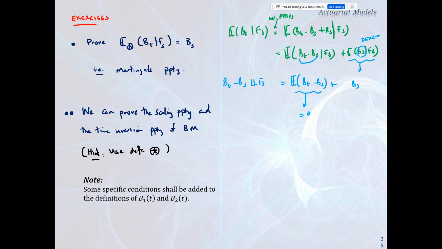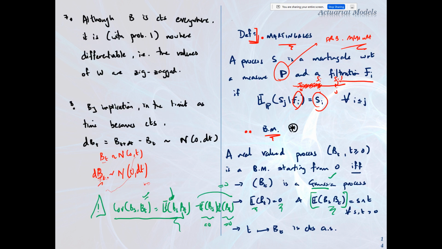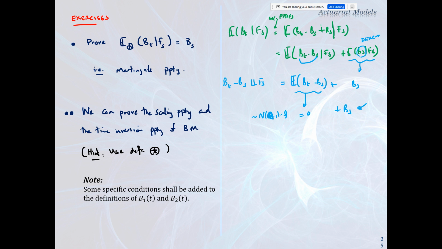This is 0, because it follows a normal 0, t minus s. So this is your answer. And it is a martingale. Why? Because the expectation of S_j given F_i is equal to S_i. So it is the same here: the expectation of B_t, t greater than s, given F_s is equal to B_s. So I do have the martingale property.